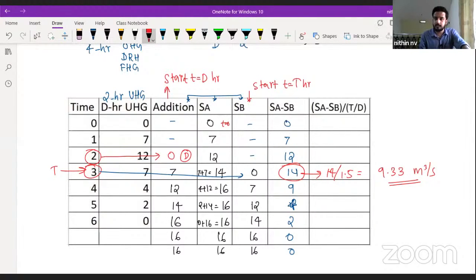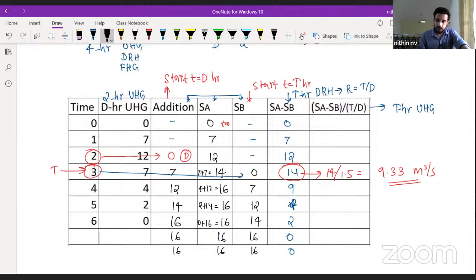So actually what is this SA minus SB? It actually stands for our T hour direct runoff hydrograph, with the runoff value equal to T by D. Understood? This SA minus SB actually stands for a T hour DRH with runoff value equal to T by D. Now this will stand for the T hour unit hydrograph.